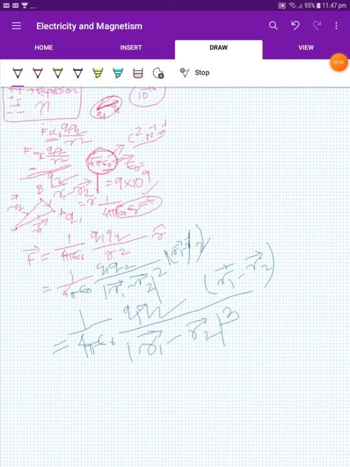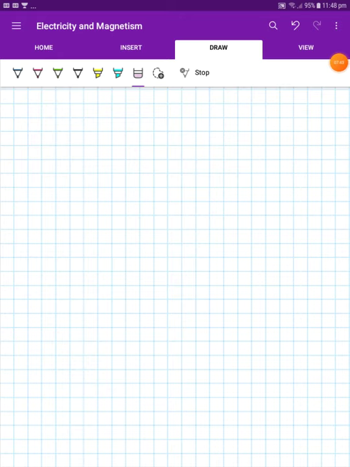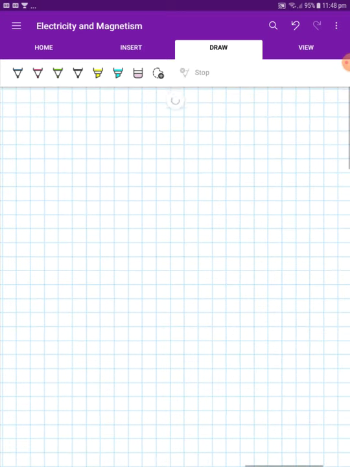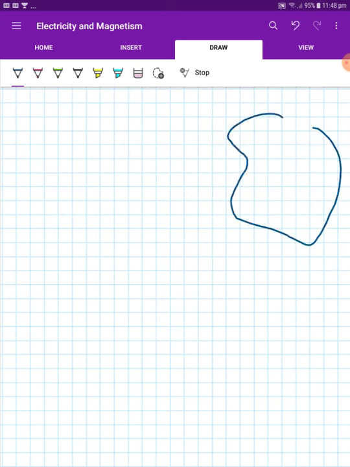This is what we get from Coulomb's law. Now the force follows the superposition principle. That is, if there is a system q1, q2, q3, q4, q5, then the force on q5 due to all the point charges will follow the vector addition of the forces due to all the point charges acting on q5.